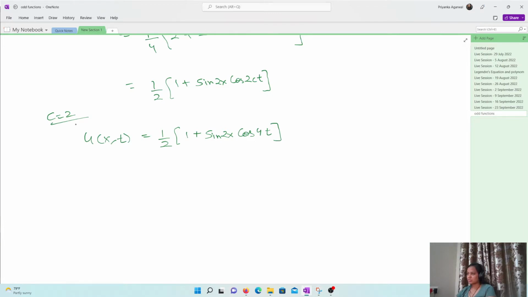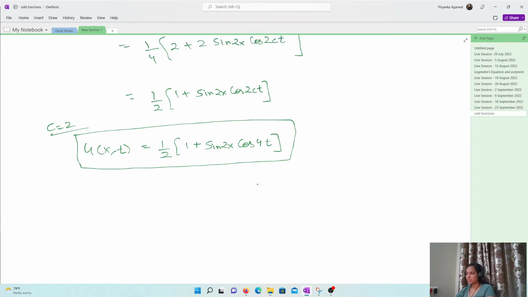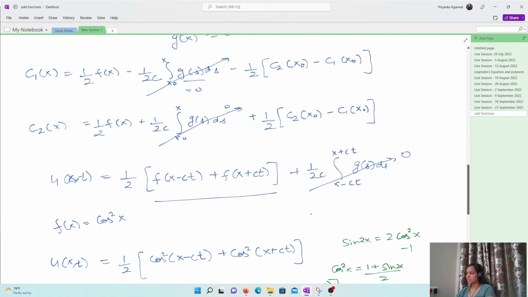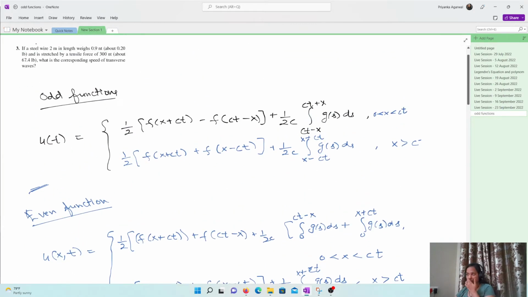Okay. So this is the solution. Now when is the solution valid? When x is greater than ct, or when x is between the limits of ct. So to do that, you could always go back to this.